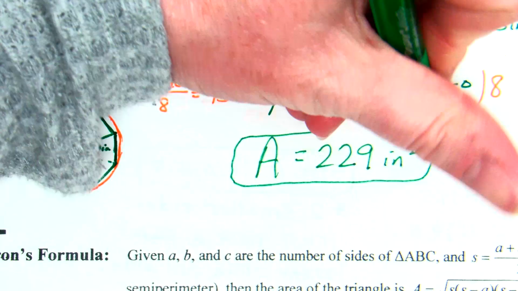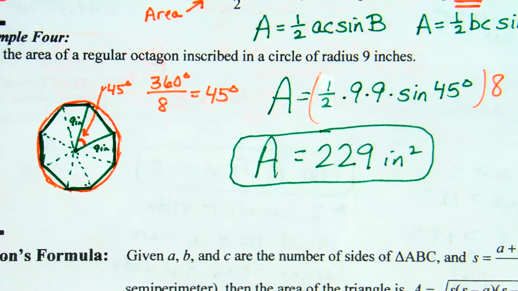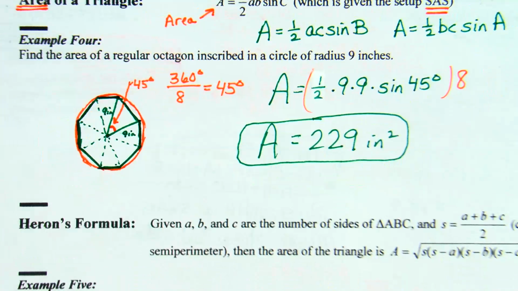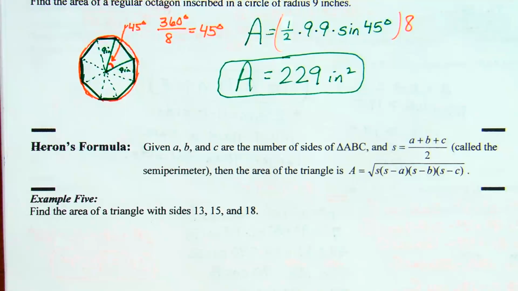Okay, guys, I got one more problem I got to get in. We have one other formula for you. This is Heron's formula. Heron's formula uses side, side, side. If you know all 3 sides of a triangle, you can find the area. So right here, we have an area formula.